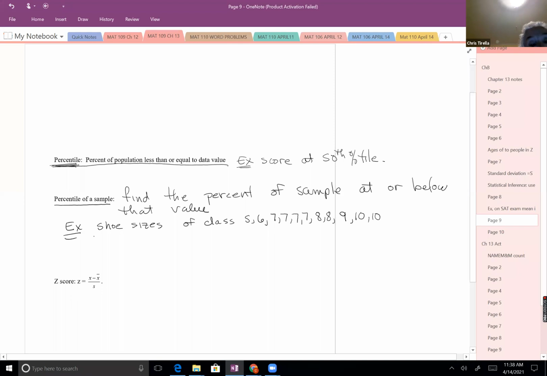If I ask, what's the percentile of size 8? Well, if I look here in my sample, we had 1, 2, 3, 4, 5, 6, 7, 8, 9, 10, 11 people.